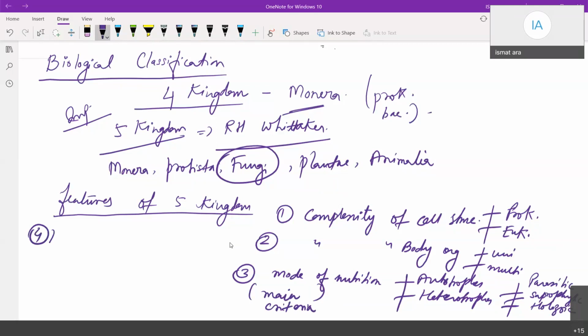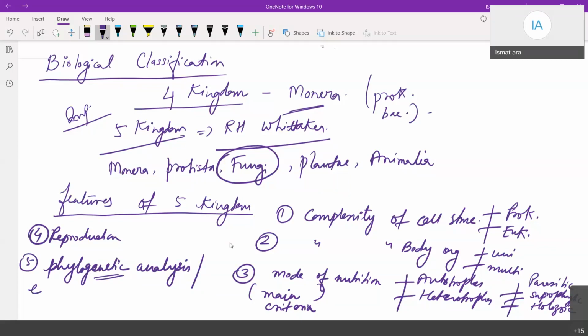Fourth one is reproduction. Fifth one is phylogenetic analysis. What is the meaning of phylogenetic analysis? Suppose you are comparing two organisms on the basis of evolution.